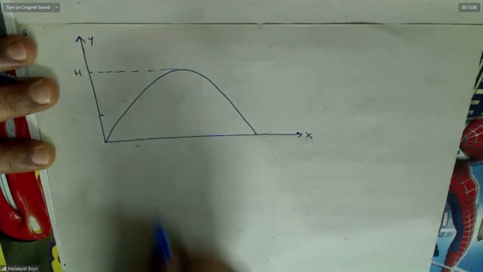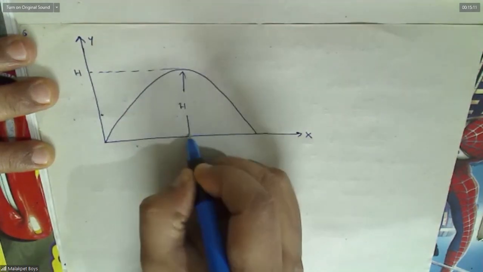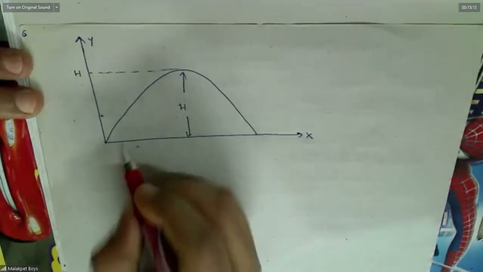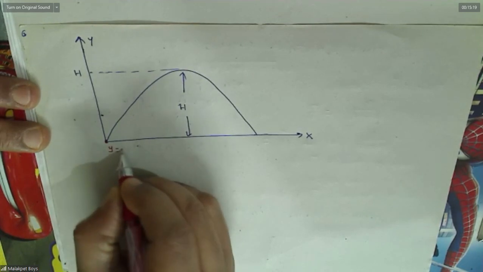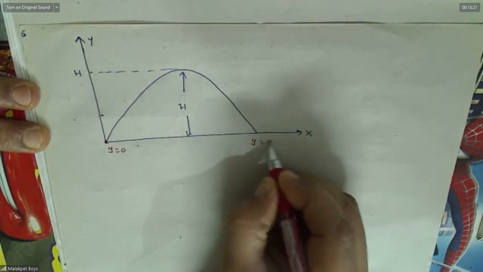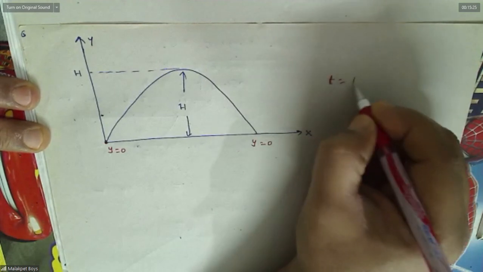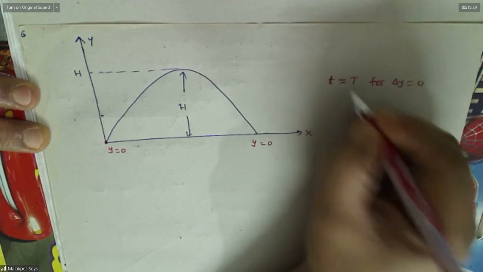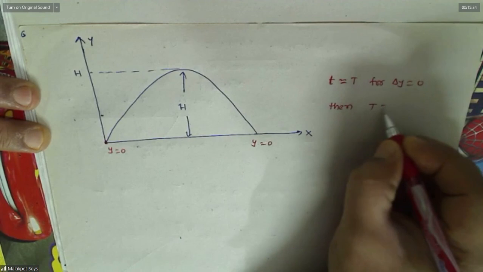Now the time that elapsed, this is 0, no? So here y is 0, y is 0. So time for what? Delta y is 0. Do you agree with this? Then what is t you have?